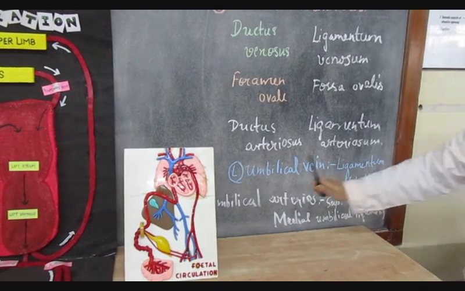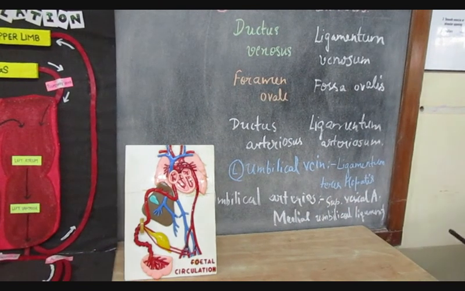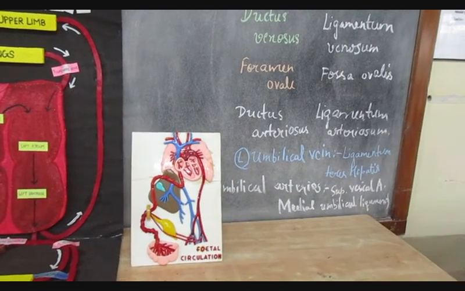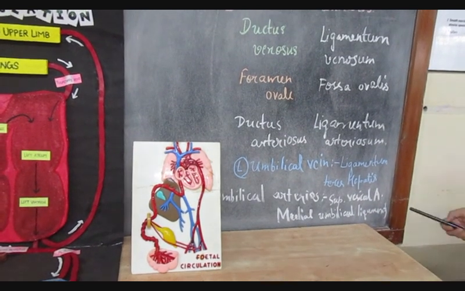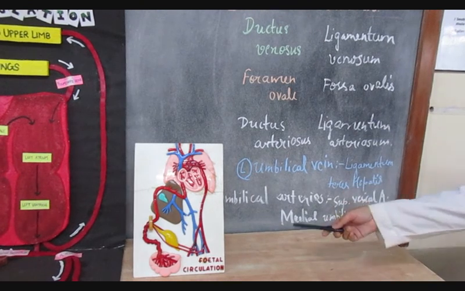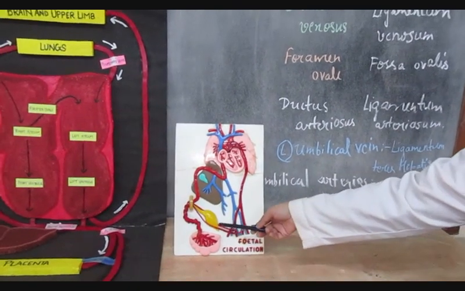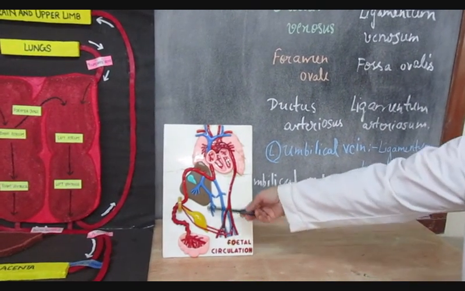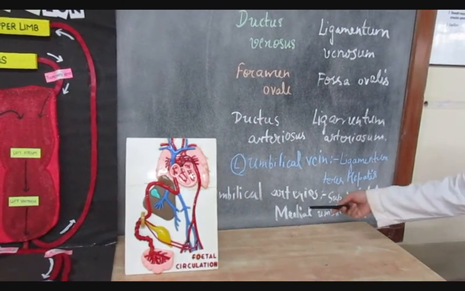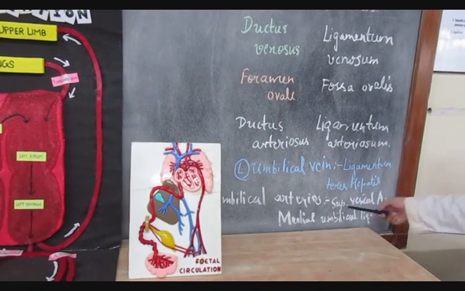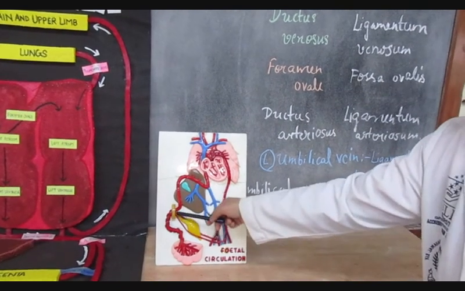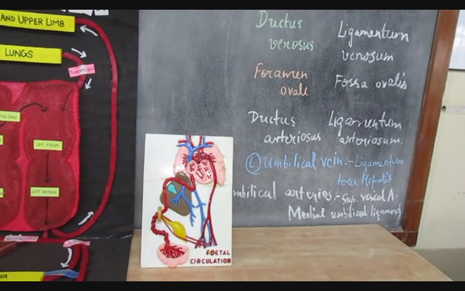And what about the umbilical arteries? These are 2 in number, which take the blood from the common iliac to the placenta. And then the proximal part remains patent and persists and supplies the upper parts of the bladder as superior vesical artery, whereas the distal parts get obliterated to form the medial umbilical ligaments.